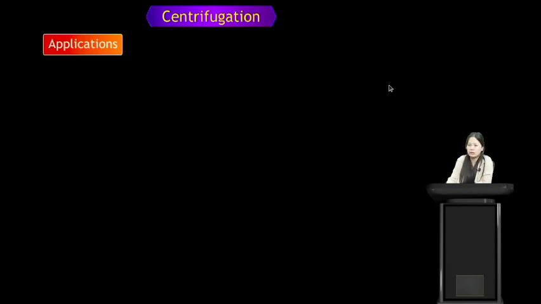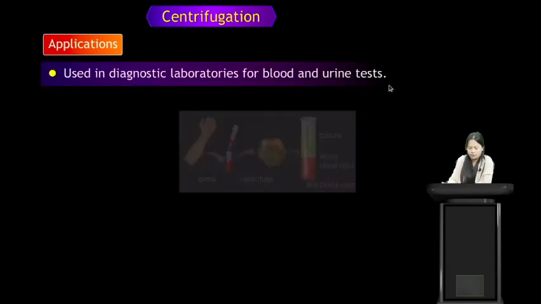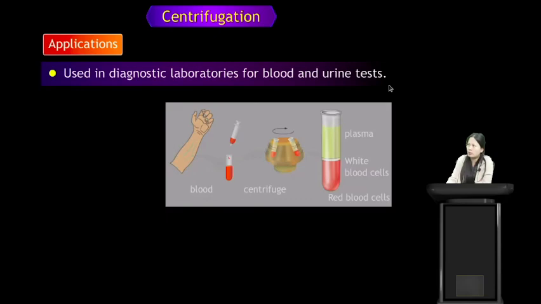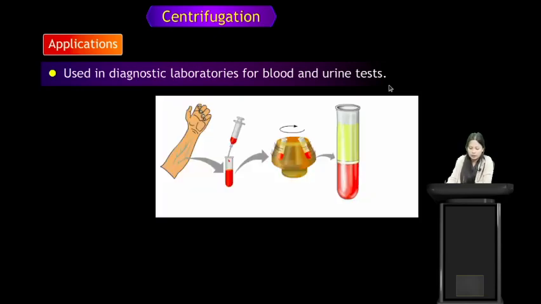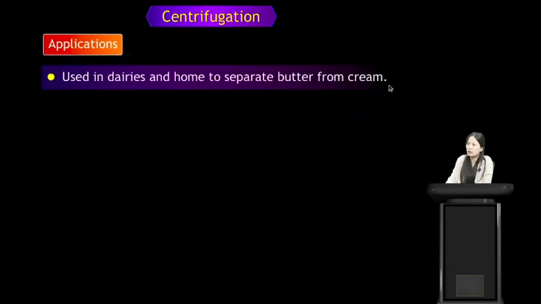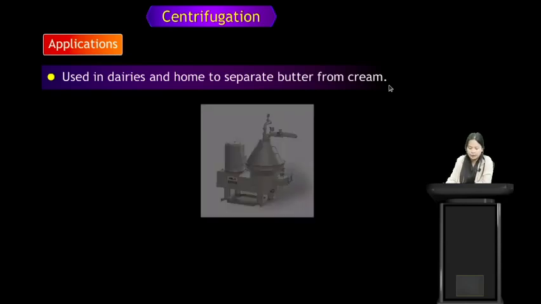Applications of the centrifugation method. Where do we use centrifugation? It is used in diagnostic laboratories for blood and urine tests. It is used in dairies and at home to separate butter from cream.